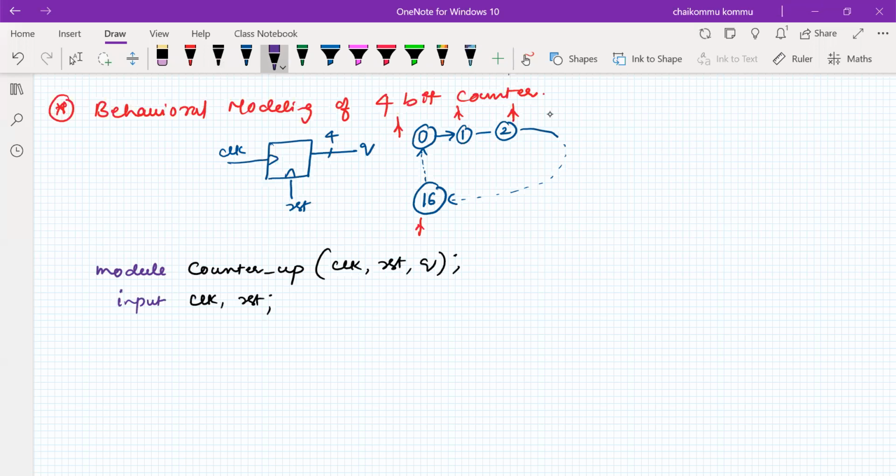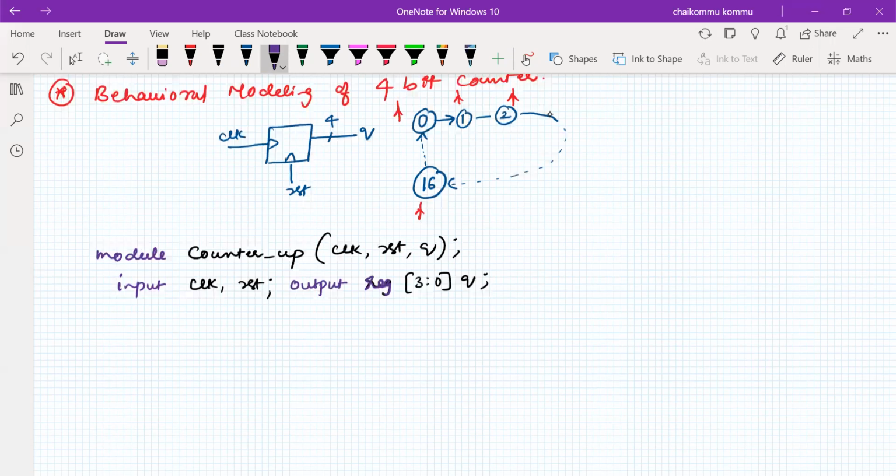The output here is Q. Q must be 4-bit size, and it is a register data type, so I write [3:0] Q. REG is the register keyword.